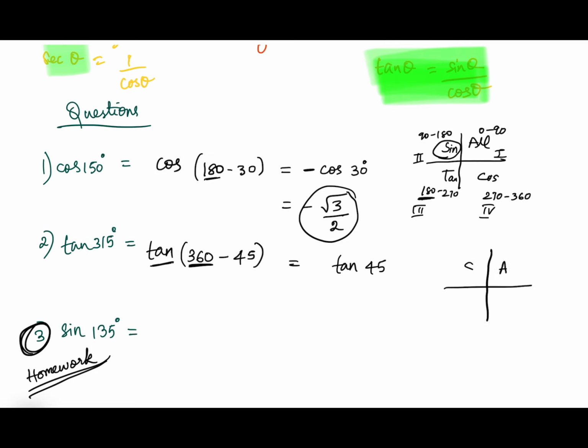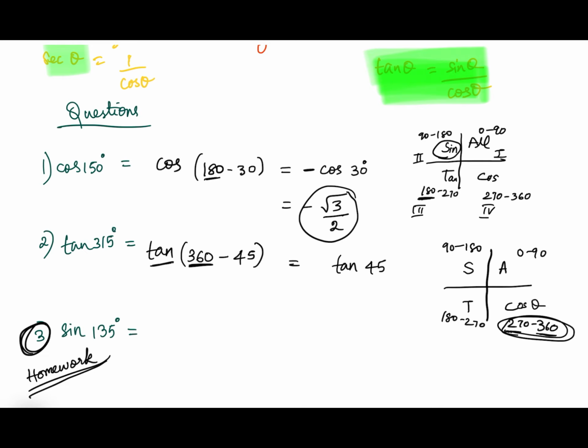Am I right? Now, one more thing you have to see over here, whether I should use a positive sign or a negative sign. Just see. ASTC, after school to college. 0 to 90, 90 to 180, 180 to 270, 270 to 360. Okay, right? Now, tan 360 minus 45. This is 360 minus 45.